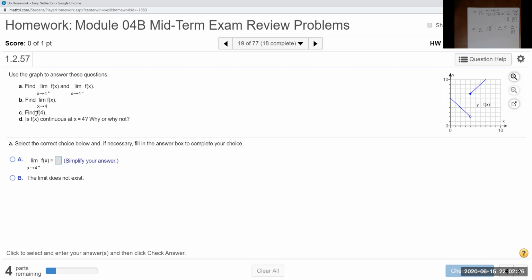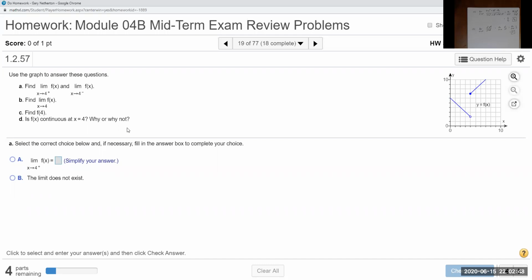And then, just like we've done a minute ago, they say, okay, find the value of the function when x actually equals 4. But now they add a fourth question. Is f of x continuous at x equals 4? Why or why not?